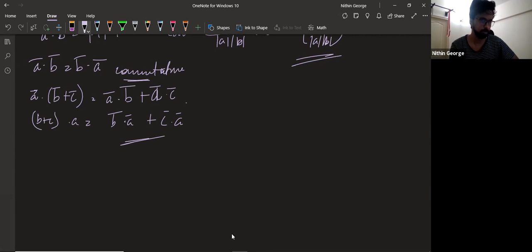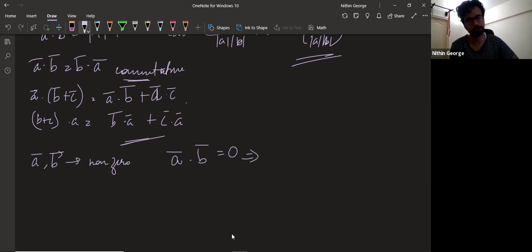Now, the third point would be: let A and B be two non-zero vectors. Then if you get A dot B equal to 0, it simply means theta is 90 degrees, or in other words, A and B are perpendicular.